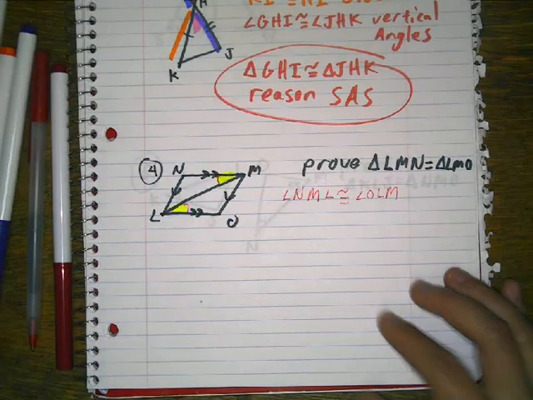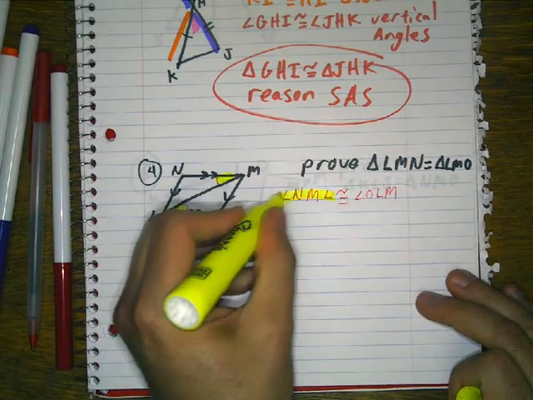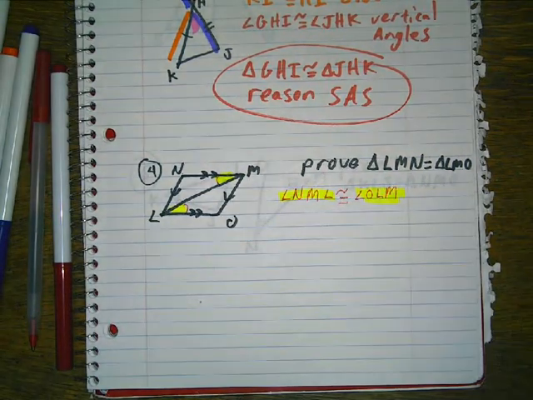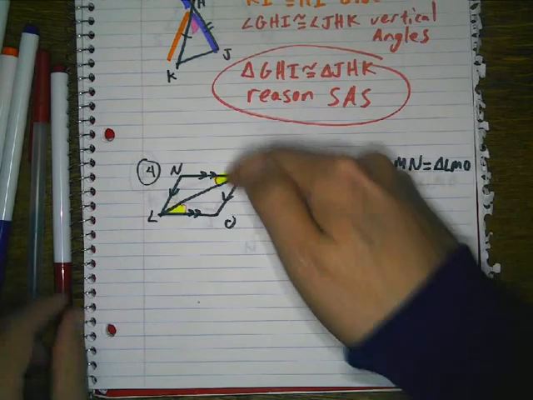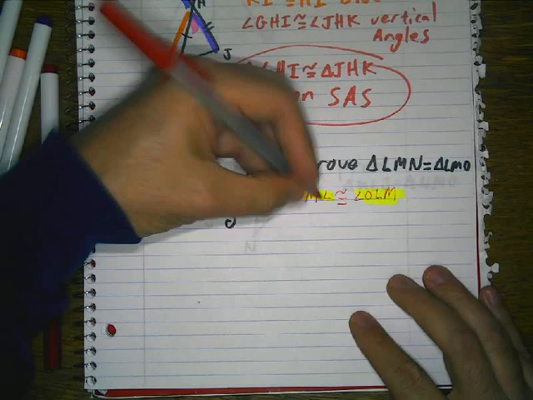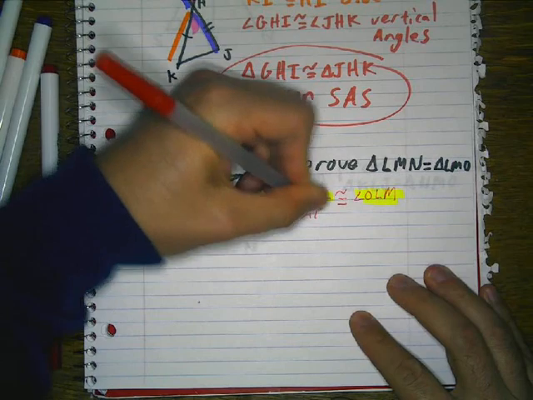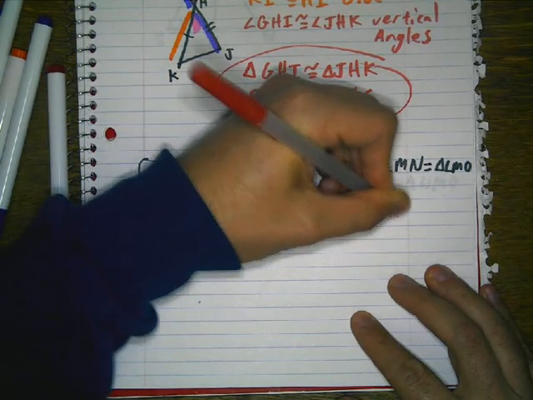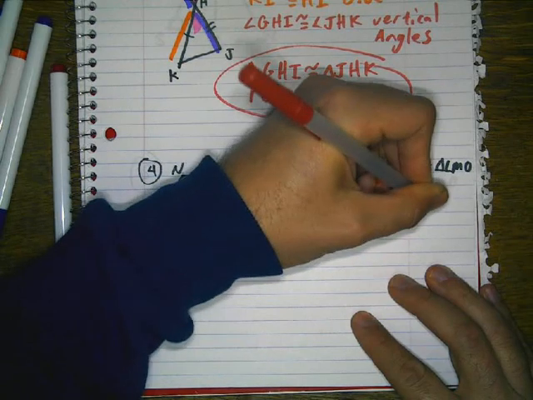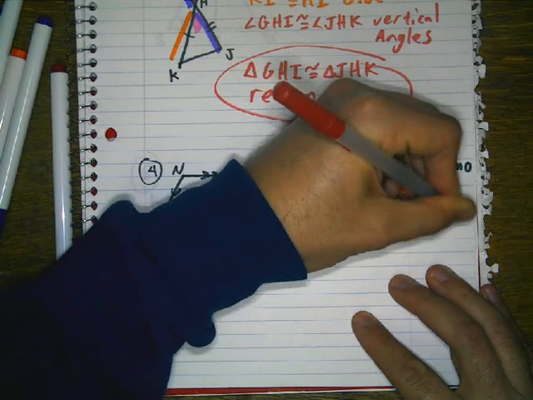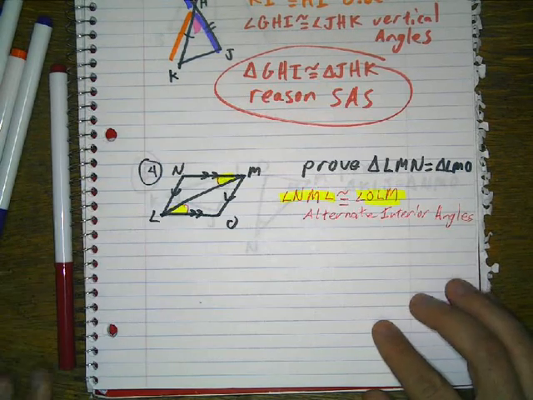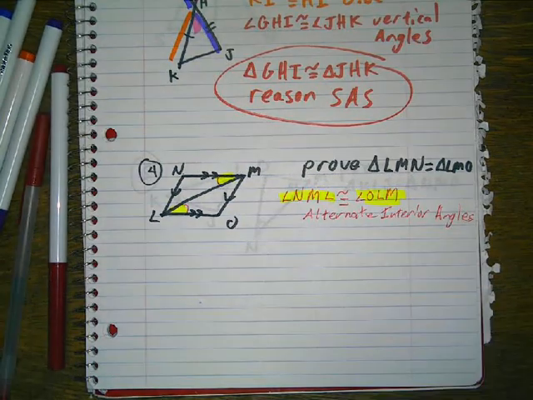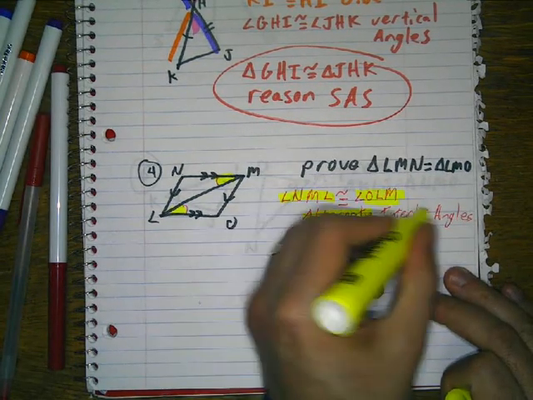The reason those are congruent is because if these are parallel lines, those are alternate interior angles.